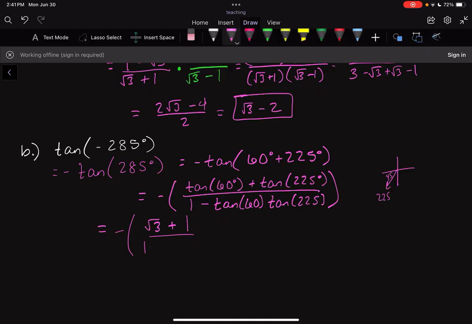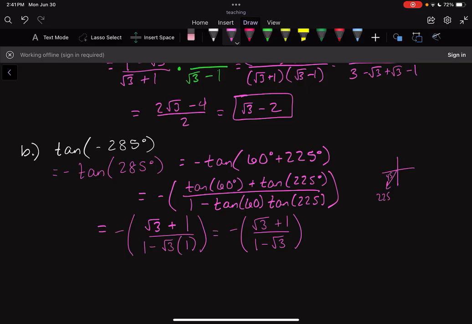And then I have 1 minus tangent of 60 is square root of 3 times tangent 225, which is 1. This one's a bit simpler to simplify. So square root of 3 plus 1 over 1 minus square root of 3.